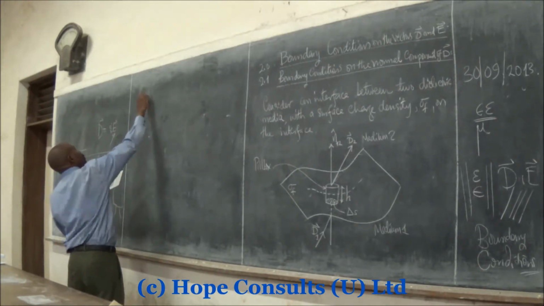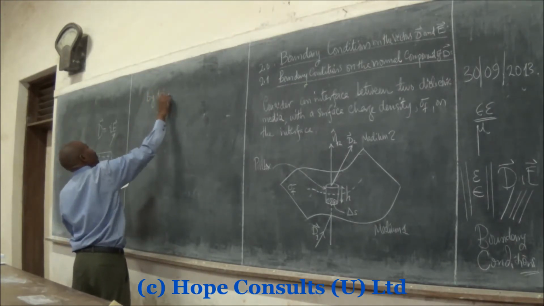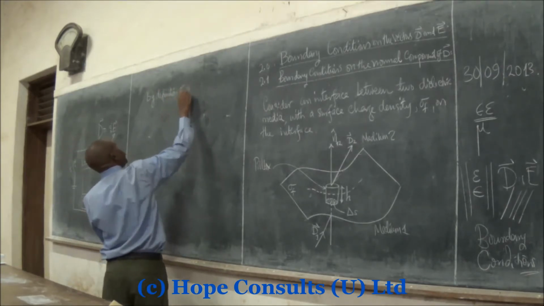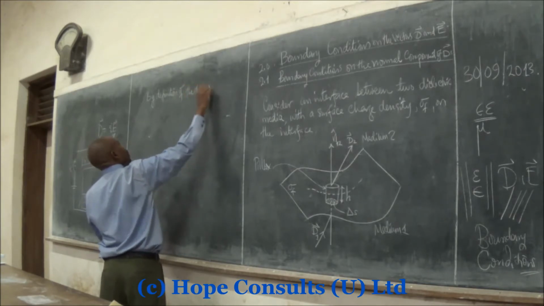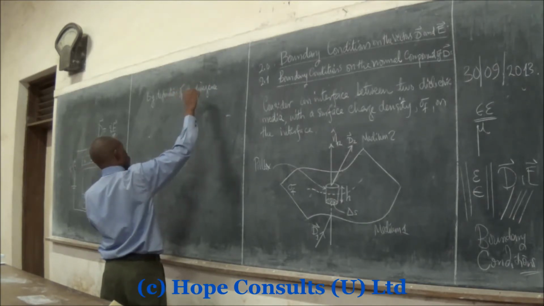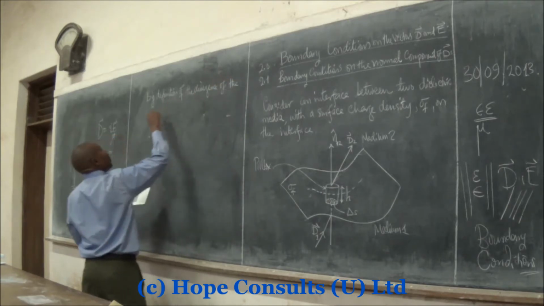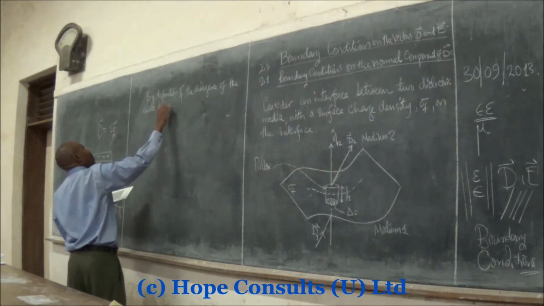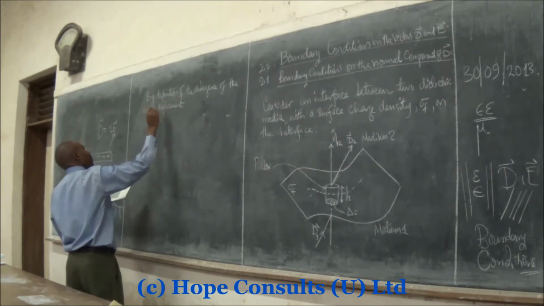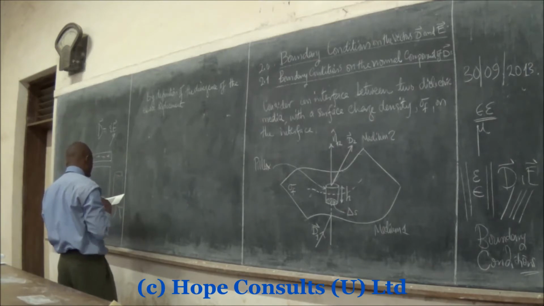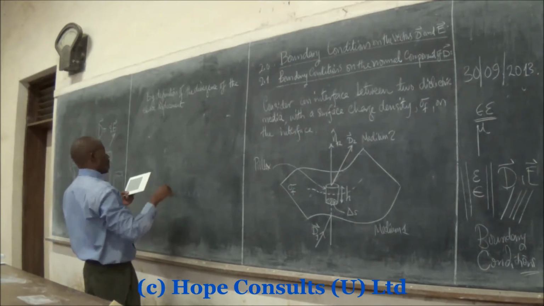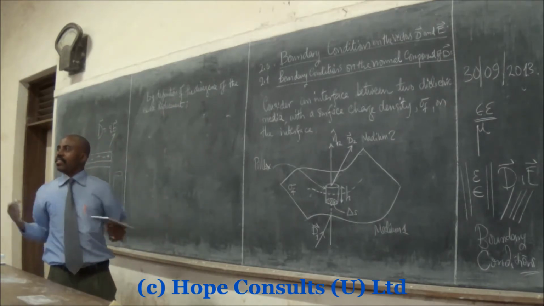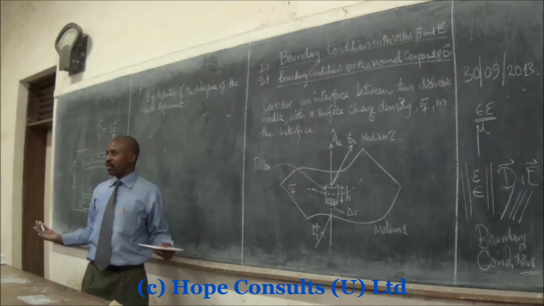So by definition of the divergence of the electric displacement vector, when you diverge D through an interface is what we are trying to understand.